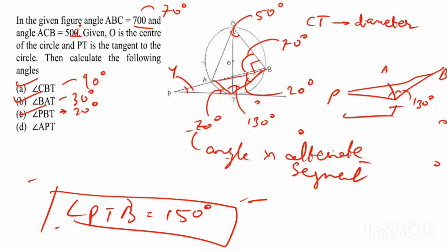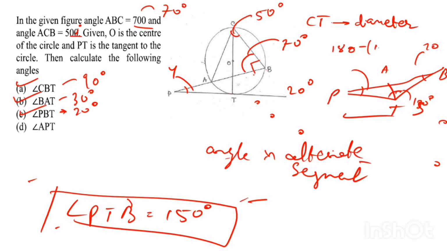Now you must have understood the concept of angle in alternate segment. So this is 150, this is 20. So angle APT will be how much? 180 minus 150 plus 20, 170, which is equal to 10 degree.